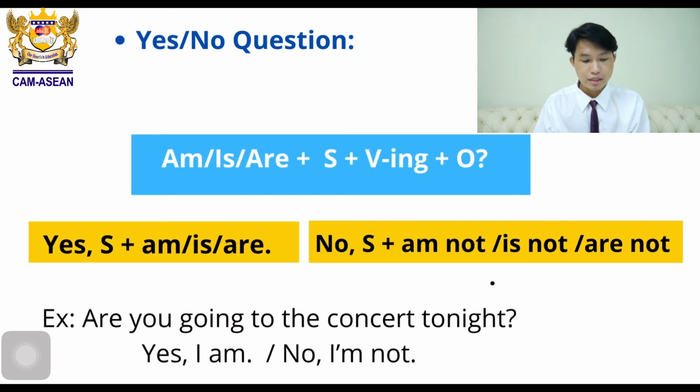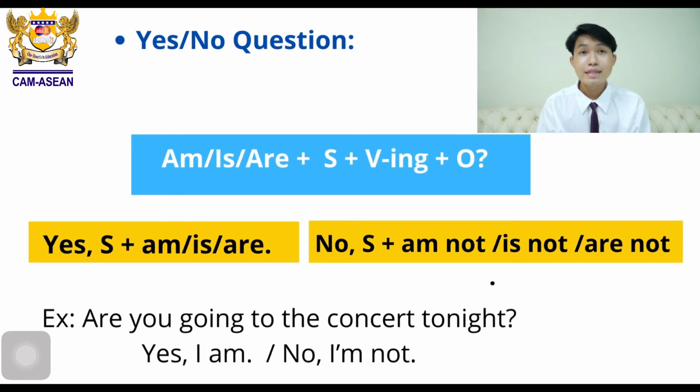For yes, it starts with yes and followed by comma and then subject and then followed by am or is or are. For no, start with no, comma, subject followed by am not, or is not, or are not, or it could be isn't or aren't. So either one of them is correct, right?